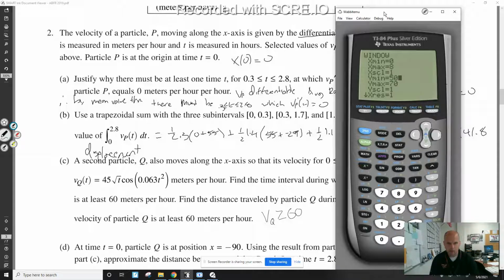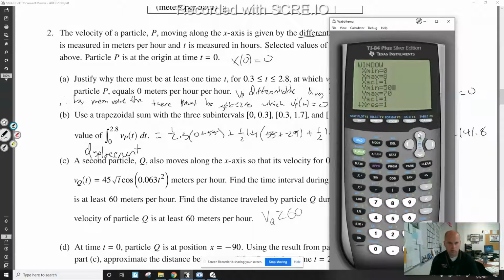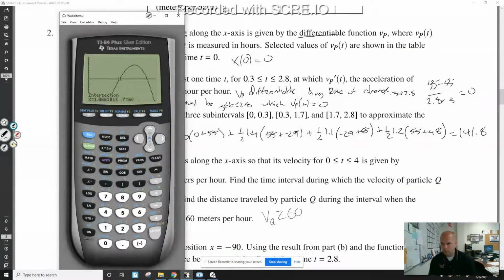And we're going from 0 to 4 on our time axis, which is our x-axis in this case. So there's my velocity. Here comes my 60. I got to intersect at this 1.88 number.